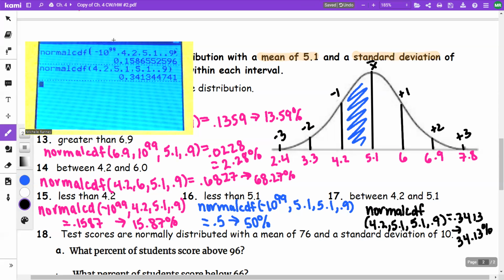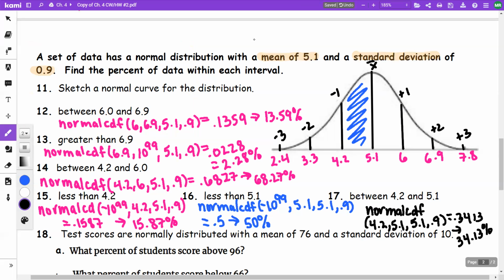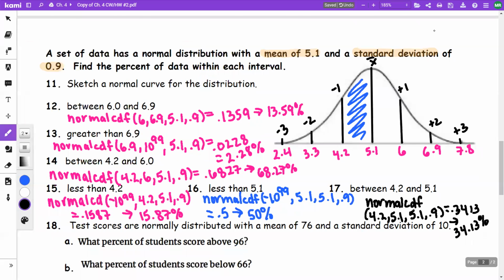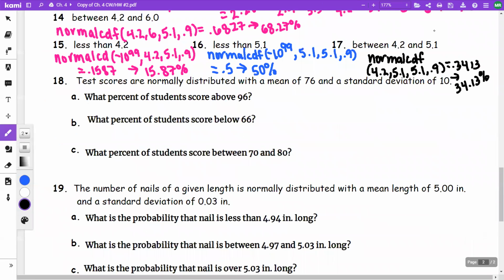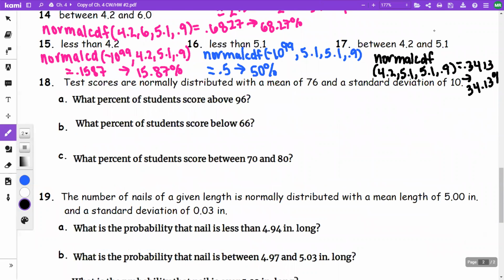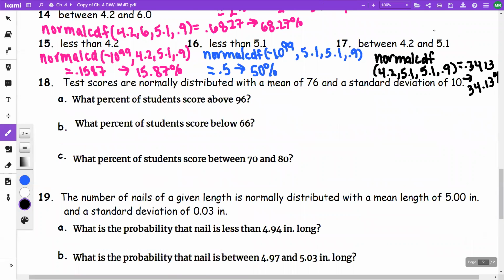Okay. The next problem. The tests are normally distributed with a mean of 76 and a standard deviation of 10. What percent of students score above a 90? So I am going to use normal CDF. I want above a 90, so 90 is going to be my minimum.